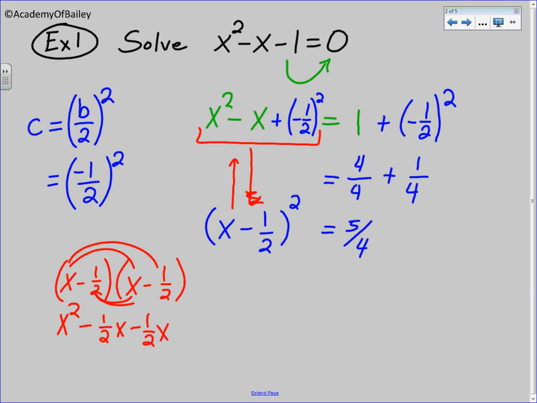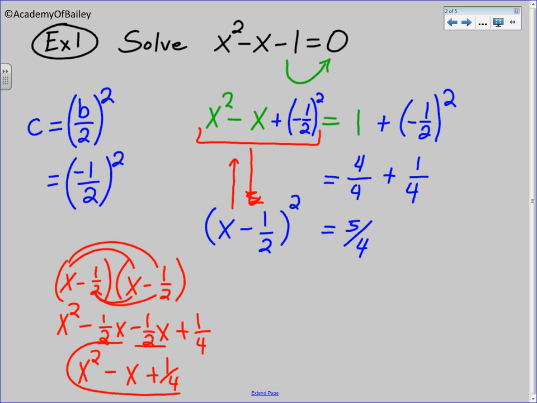And negative 1/2 times negative 1/2 should be a positive 1/4. Combining like terms, which are the middle terms, negative 1/2 x minus 1/2 x should be negative 1x, and plus 1/4.